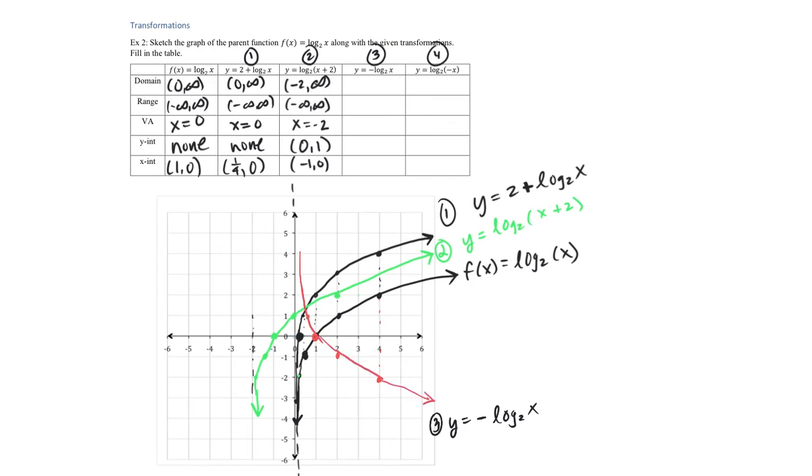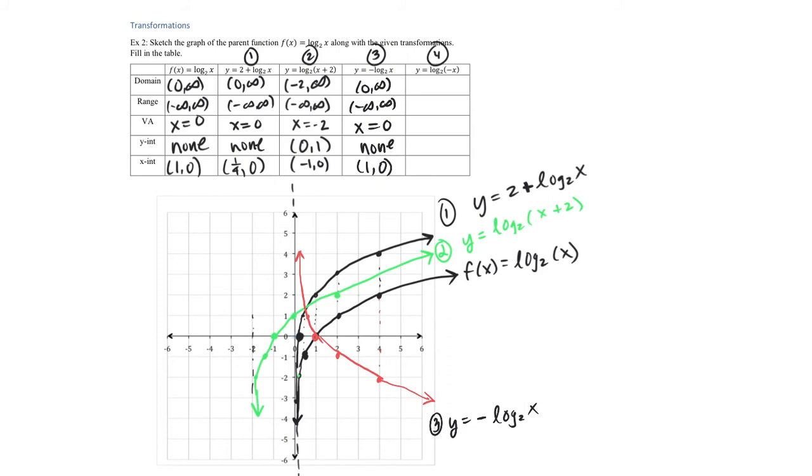So that's the third one. All right, and let's just see what happens there. Our domain is going to be the same as the parent, as is our range. Our vertical asymptote stays the same. We don't have a y-intercept, and our x-intercept is the same. Okay, but now it's a decreasing function.